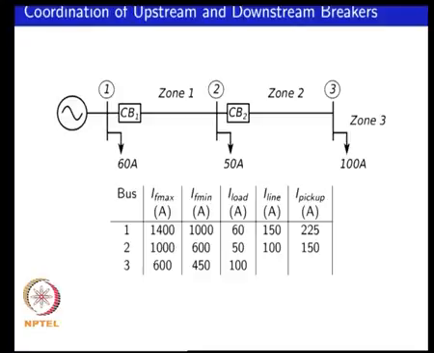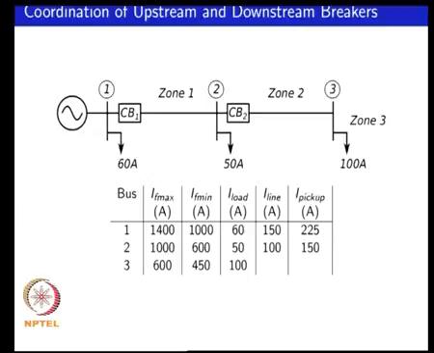Also, you might have situations where your upstream source has impedances that vary over a wide range. You might have transformers that are switching in and out. You might have lines that might be tripping. So, the impedances might be varying over a wide range, and over that entire range it might not be possible to achieve the full coordination.